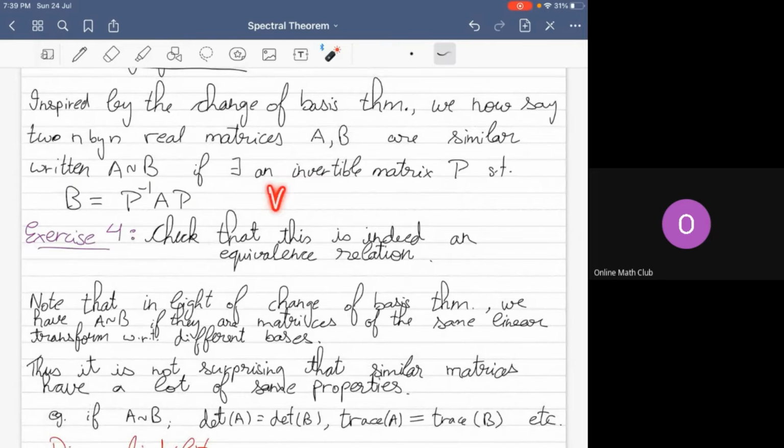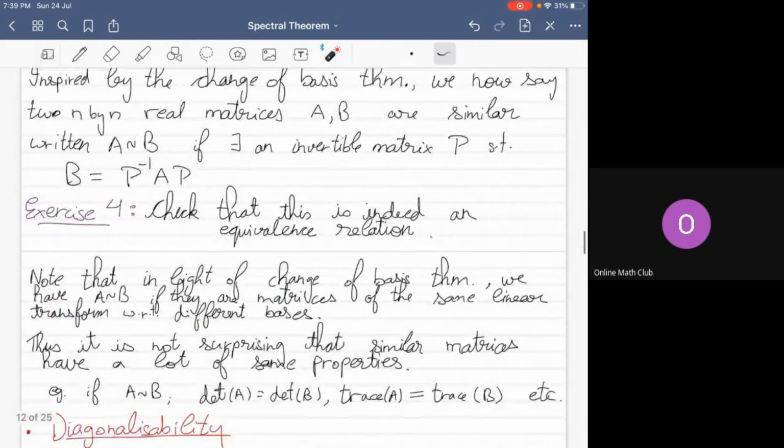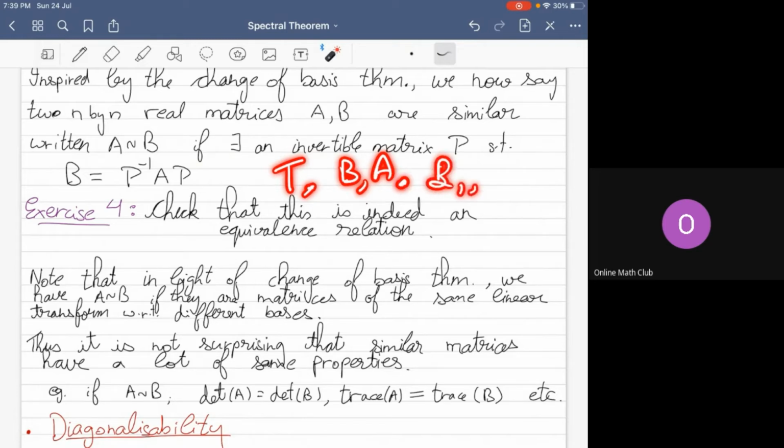The idea behind saying that these are similar is this: let's say these are n cross n matrices in Rn. The same linear transform T gives rise to the matrices B and A when we choose two different bases, B1 and B2.